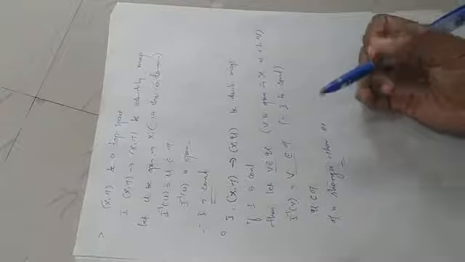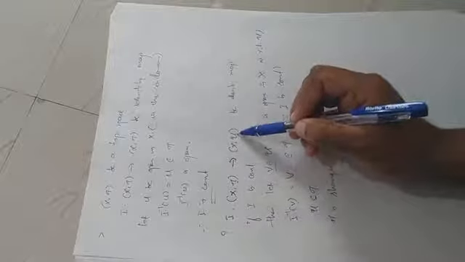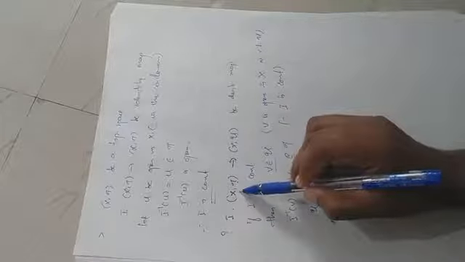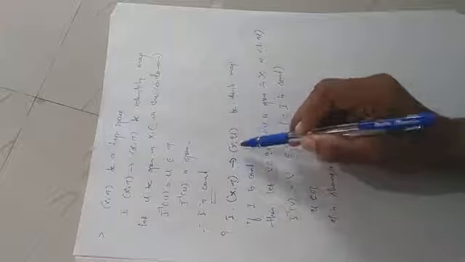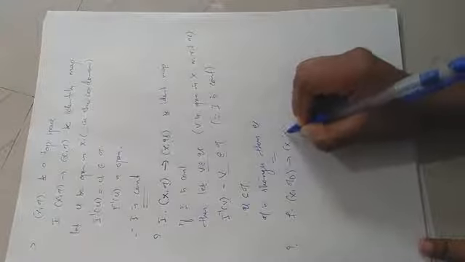If the identity mapping is a mapping from X tau to X U, the same set but with different topologies, then if I is continuous, tau must be stronger than U. That means the topology on the domain must be stronger than the topology on the codomain for the same set. Clear?